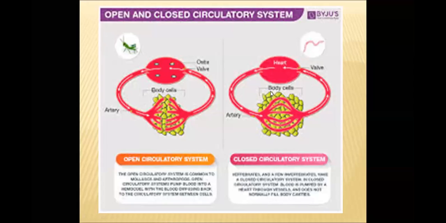So likewise, lymph fluid and blood are separated in closed circulatory system animals. But here, the tissue fluid is mixing with the blood coming from the blood vessel. So blood and lymph both are mixing. That's why it is called hemolymph. So in open circulatory system, there is no separate blood and no separate lymph. Both are mixed, so it is called hemolymph. This is the difference.